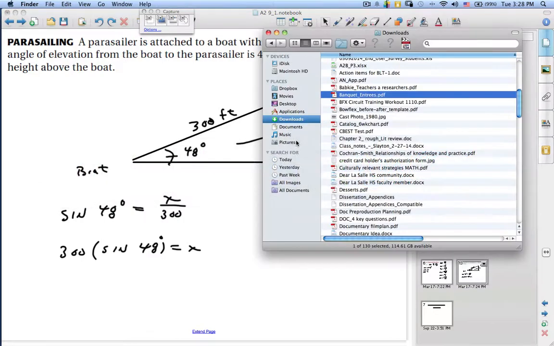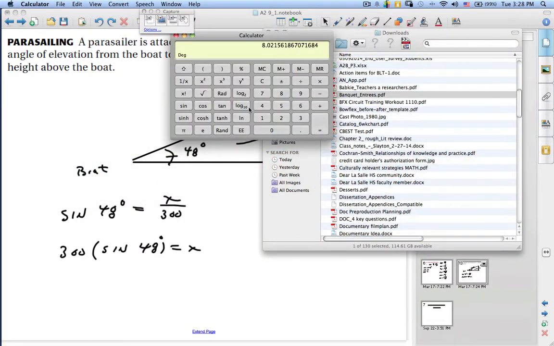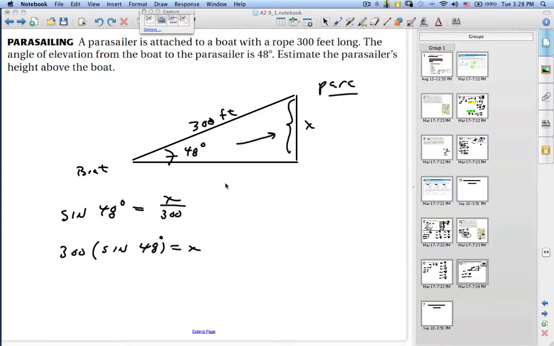Going back to my calculator, I'm going to find 48 degrees. I'm going to find the sine of that times 300 is 222.93 feet, so almost 223 feet.